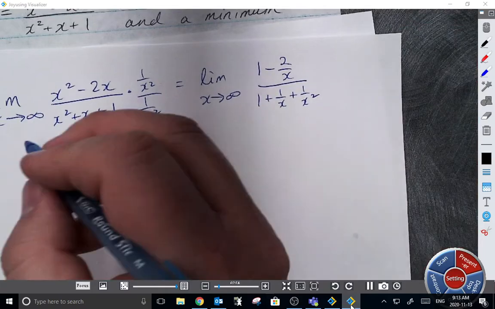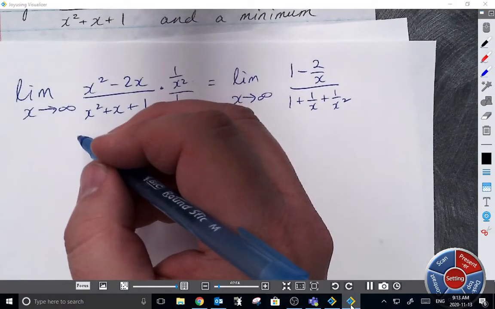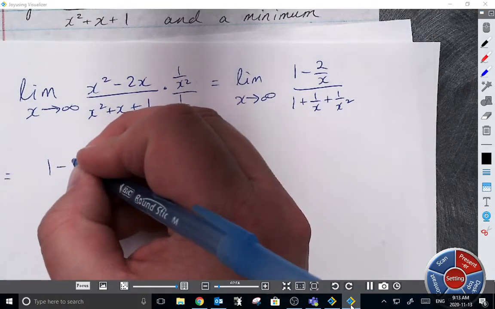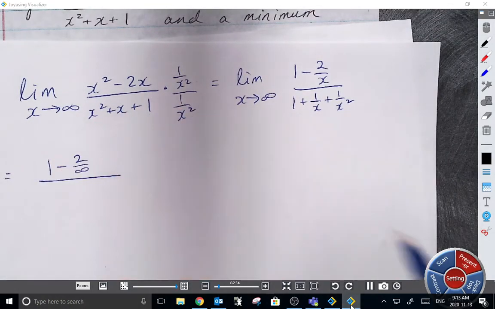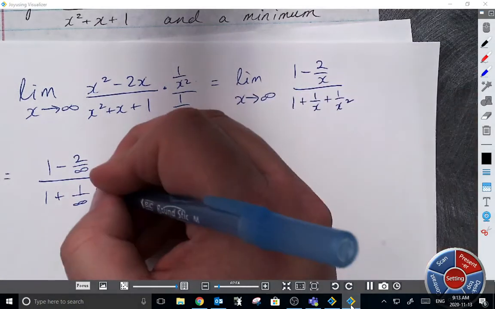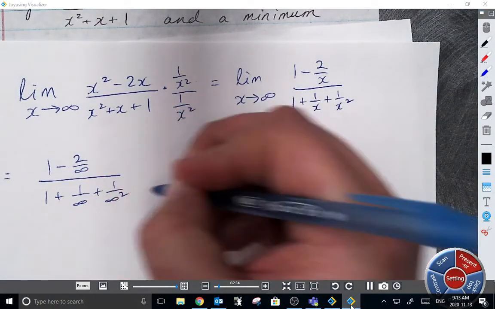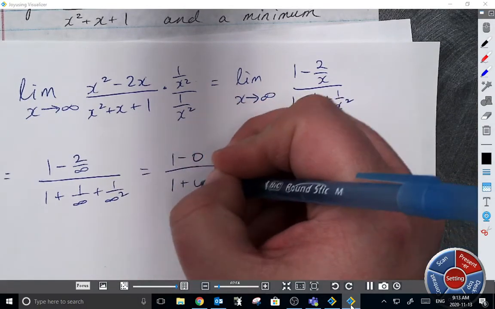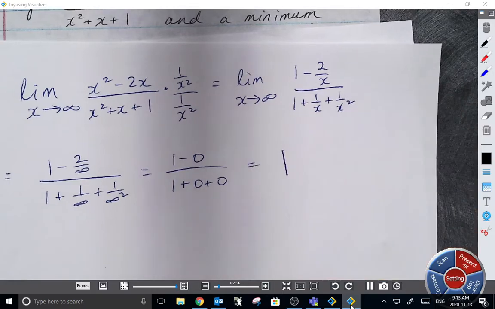When I plug in my limit, I get (1 minus 2 over infinity) over (1 plus 1 over infinity plus 1 over infinity squared), which is (1 minus 0) over (1 plus 0 plus 0). As you can see, my limit is 1.